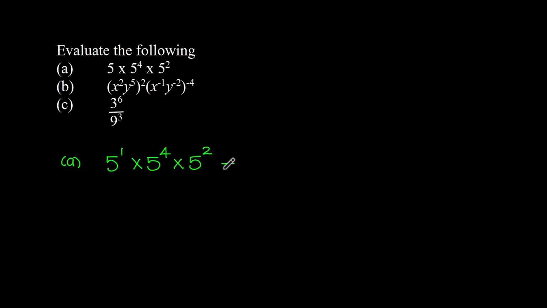Then this is the same as maintaining the same base, and since we are multiplying, we add the indices together. Therefore we'll have 1 plus 4 plus 2. When you sum that up, we get 7. Therefore we have 5 exponent 7, and that becomes the solution for the first one.